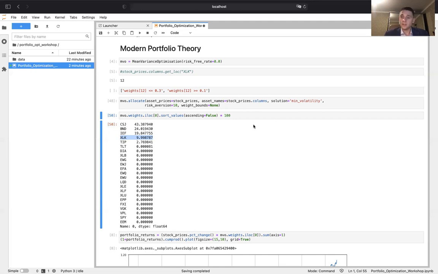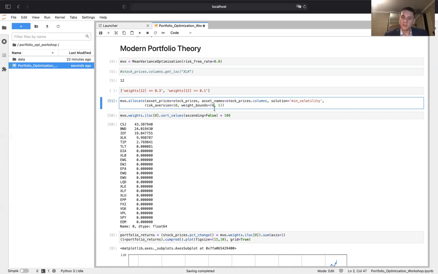So let's take a look at how we can constrain our solutions in this case. We can apply weight bounds in mean variance optimization, and there are two ways to do that. If you would like to apply weight bounds for each stock in your portfolio, you can set up a tuple with two elements.